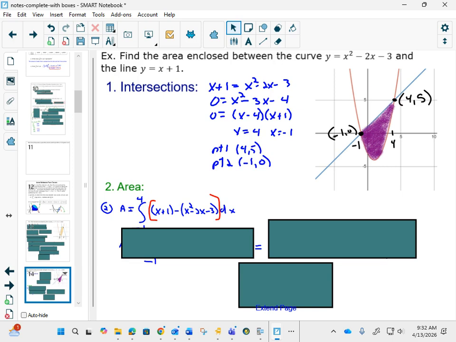If you have a parabola opening up and a parabola opening down, the opening down one will always be on the top if they intersect and there's area in between. But sometimes you might not know which is the one on the top and which is the one on the bottom. And what would happen if you accidentally screwed up and flipped it?